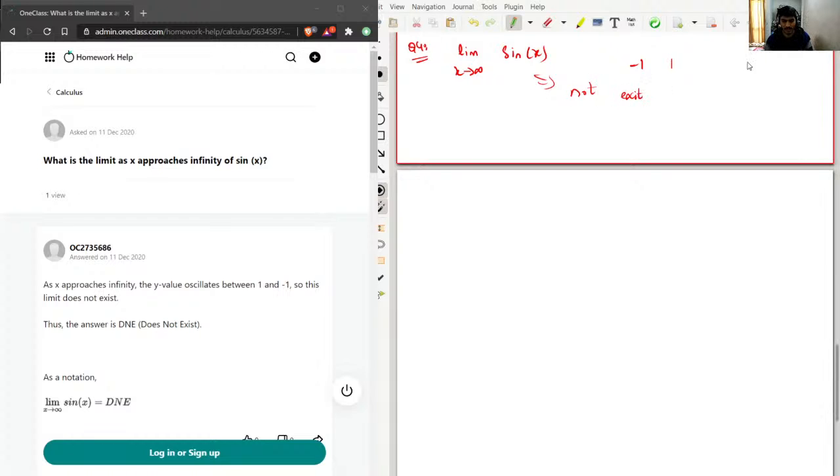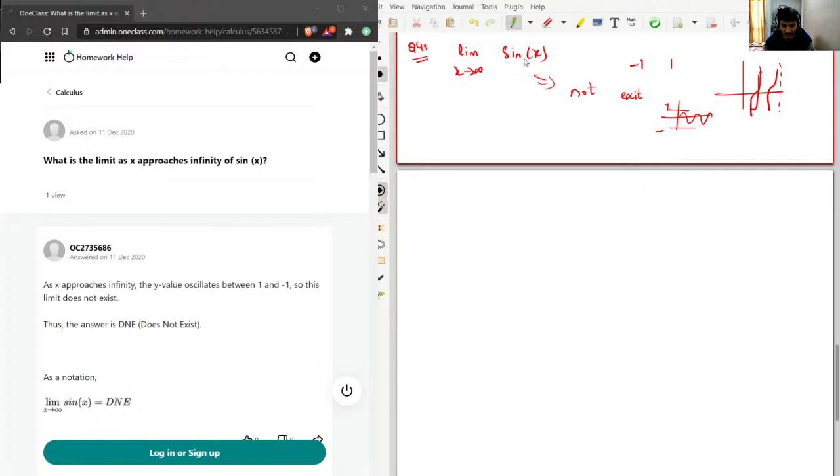If it was tangent, the graph of tangent is like this. For the case of tangent or cotangent, we always get an asymptote, and we can find the value when x is approaching infinity. But for sine and cosine, we have a sinusoidal wave, and it has a maximum amplitude of 1 and minimum of negative 1.